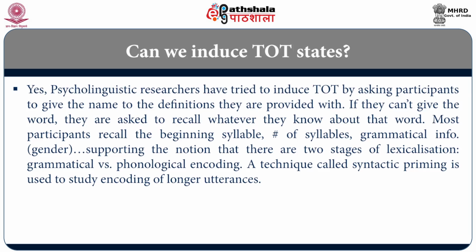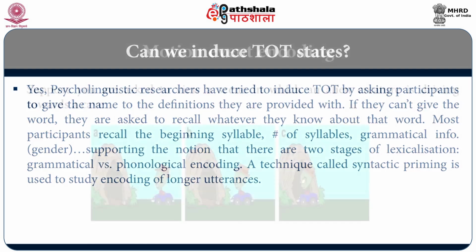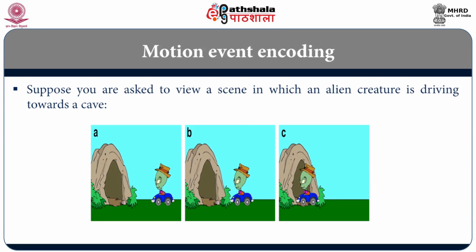Alright? So, they also use something called syntactic priming to understand how we produce longer sentences, moving from the word to the sentence level. And also, we are asked to see a picture that you are seeing on the screen now.